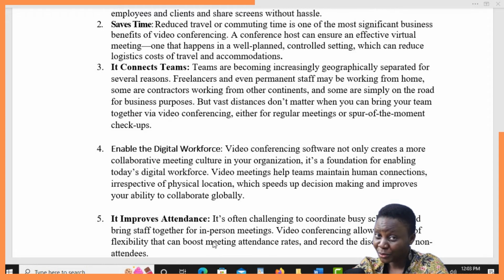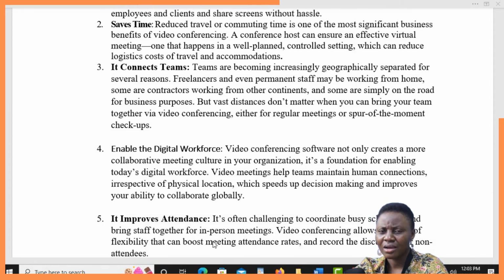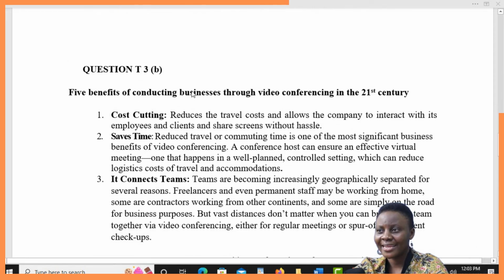And like in a physical meeting, assume you are traveling and you get a traffic jam somewhere, you stay there for 3 hours, the meeting has already started, or sometimes the quorum fails to be reached. With video conferencing, you can eliminate such small challenges. So those are the benefits of conducting video conferencing in businesses in the 21st century.